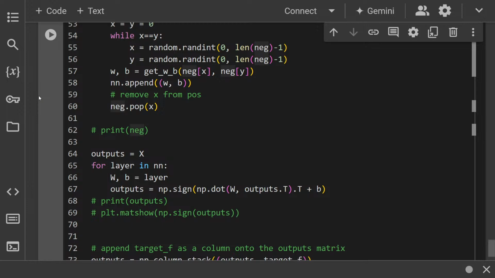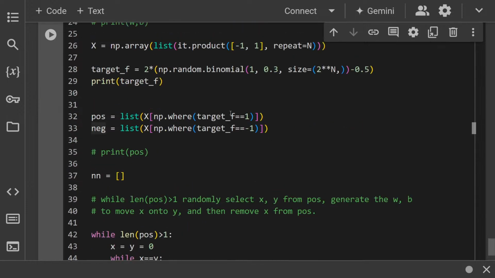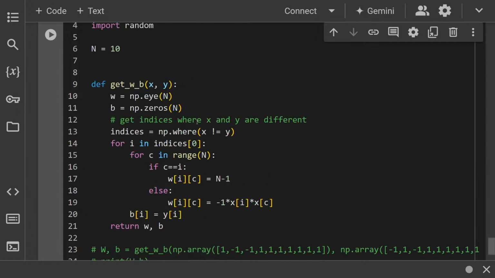Then you end up with a row that is the identity row for every input except for x, and then it flips. It's kind of hard to put into words actually. I don't want to explain all that.